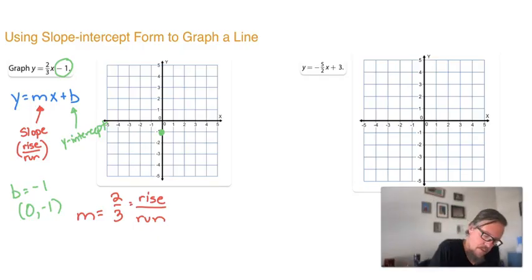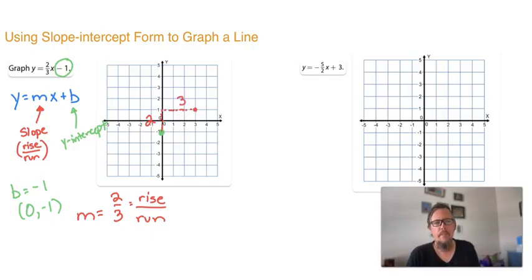So from this -1, we're going to count up 1, 2, there's our rise of 2, and then we're going to count over 3, 1, 2, 3, and that's where our next point is going to go, up 2 and over 3. Now we have 2 points on our graph. We have the y-intercept, and then we use the slope to find our second point.